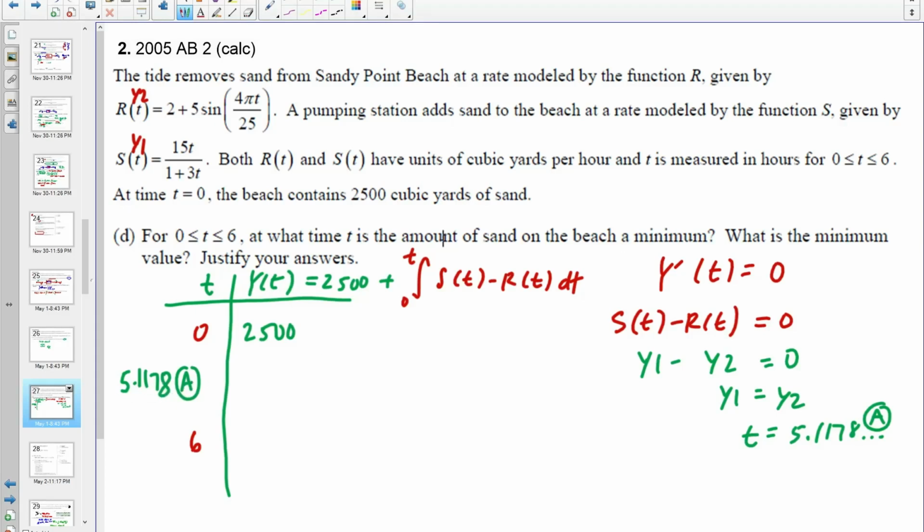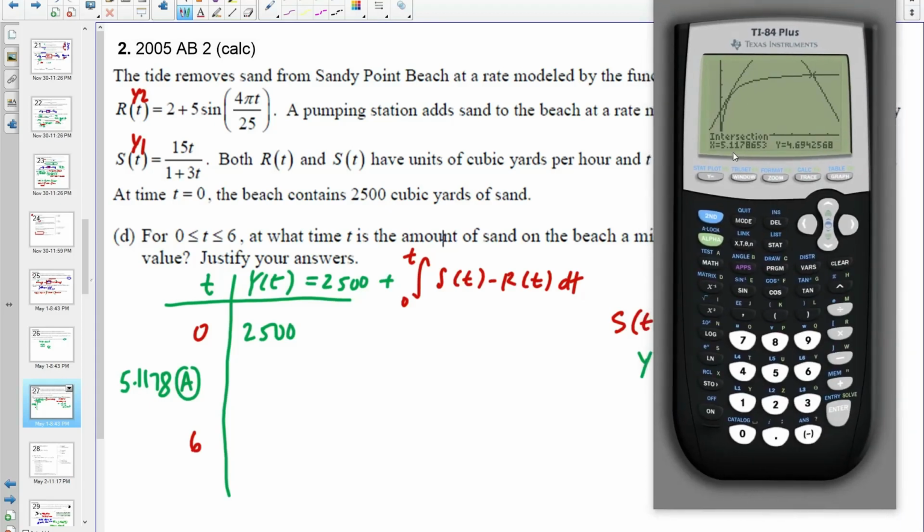Okay, so what I'm going to do is I'm going to store this x value as A. So go to second quit to go to my home screen, okay? Then what I want to do is type x, store, alpha A, and what that does is store that value x as A. So anytime I type alpha A, I'll get that number back.